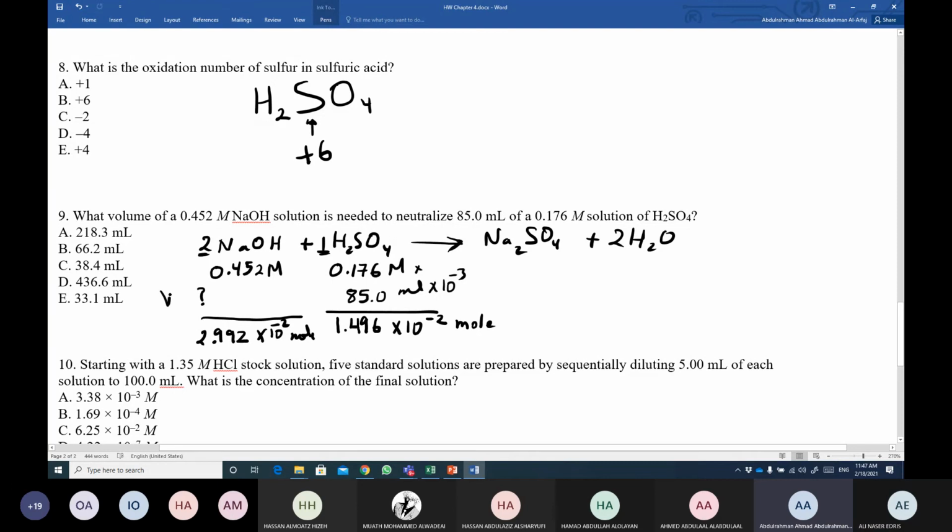Now, find the volume. How can you find the volume? Divide the number of moles by the molarity. What's the answer that you have?